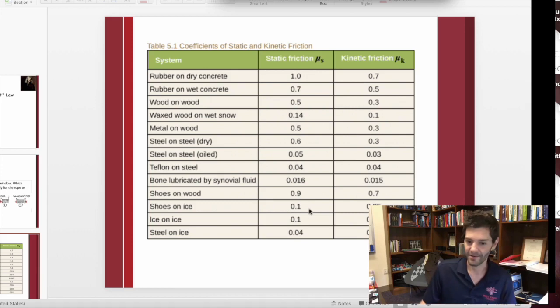Which is why you have to be very careful when you walk across ice. It's very easy to slide. Or, for example, why sledding works. Steel on ice and steel on snow is somewhat similar. Steel creates a very low amount of friction between it and ice or snow.